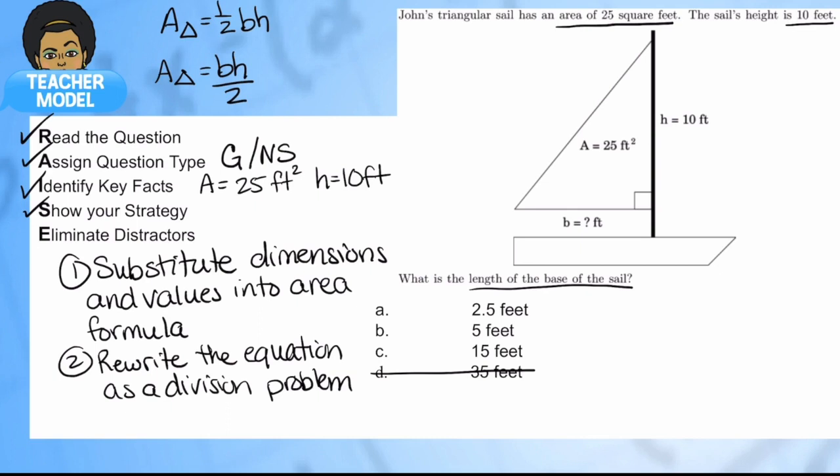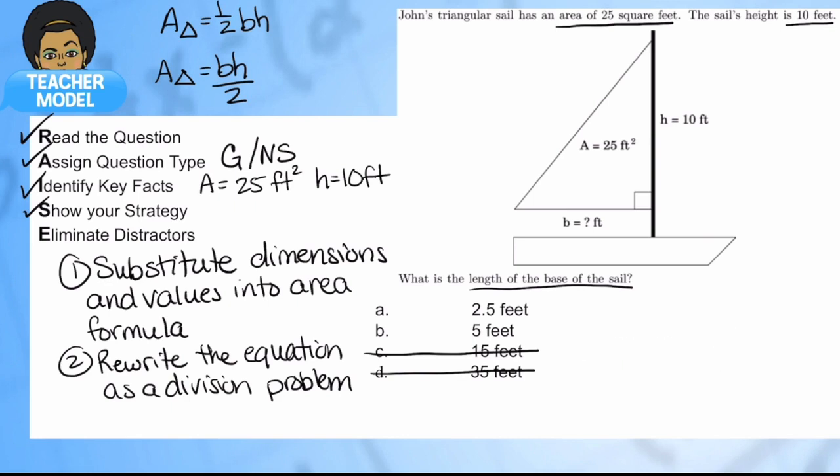All right, let's try also 15. And the same logic, if I did 10 times 15, I'd have 150. If I did half of 150, that's not going to equal 25. So I'm eliminating these two. They're way too big. And that's going to leave us with 2 5/10 feet or 5 feet.